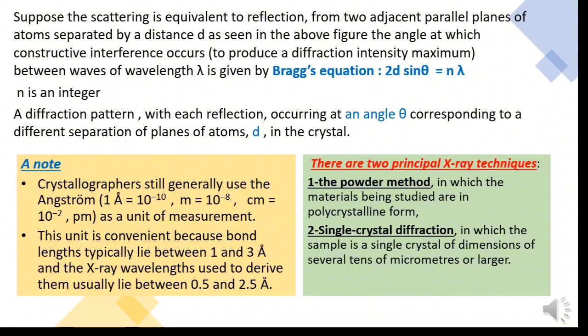There are two principal X-ray techniques: the powder method, in which the materials being studied are in polycrystalline form, and single crystal diffraction, in which the sample is a single crystal of dimensions of several tens of micrometers or larger.